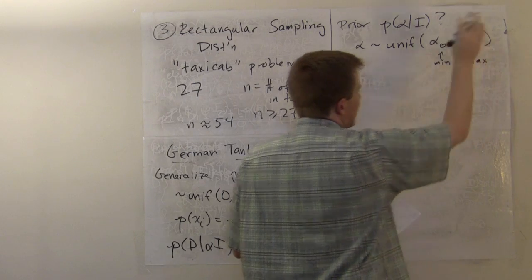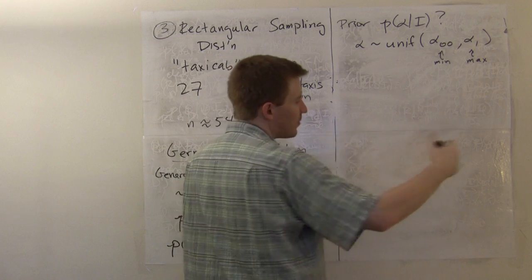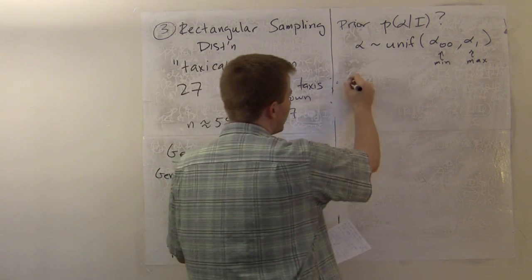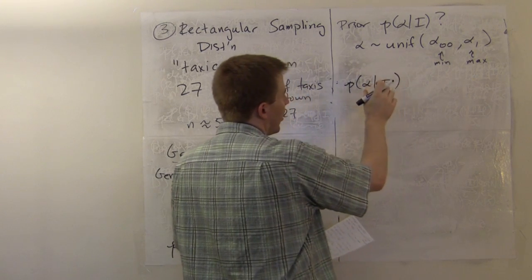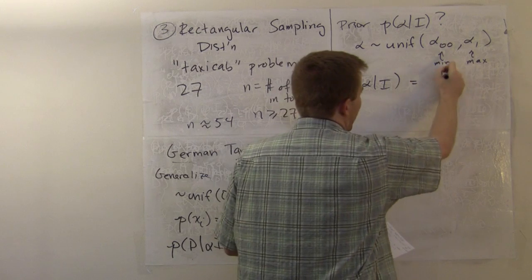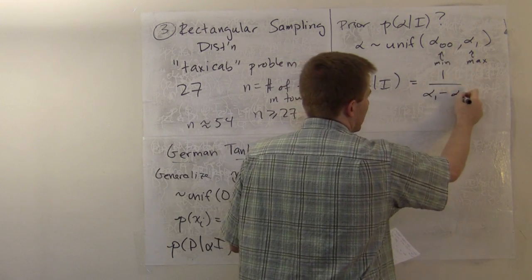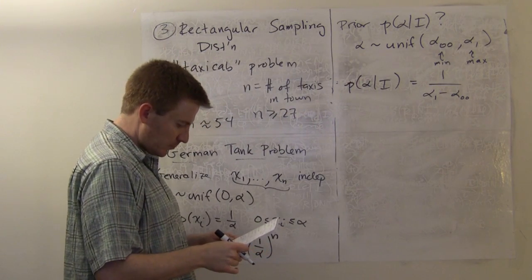We'll think about these as being a big range of numbers we don't have much knowledge of, but we have to pick some endpoints in order for the distribution to work out. And what that means is that our prior probability assignment, being the uniform distribution, is just 1 over the width of this interval. Okay, that's the uniform distribution on that interval.